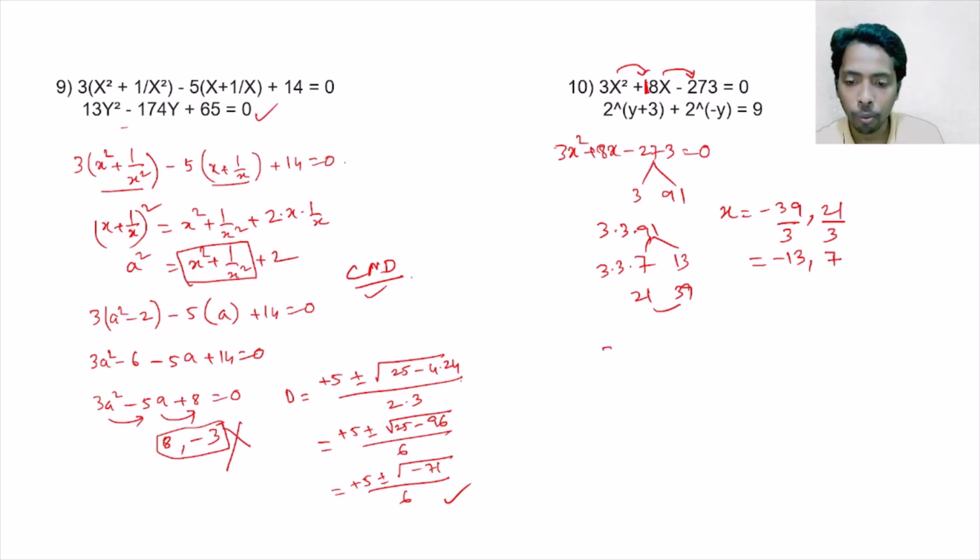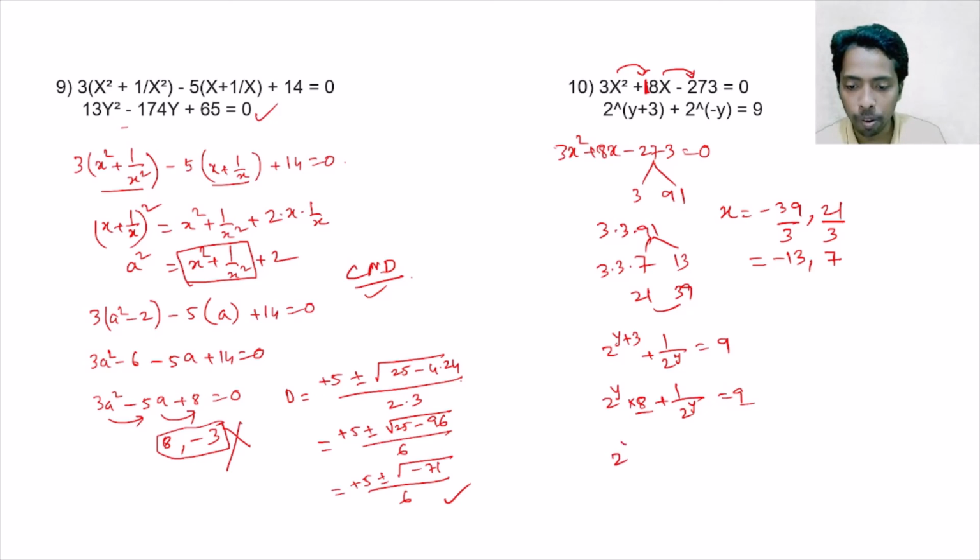Now for y, 2 to the power y plus 3 plus 1 by 2 to the power y equals to 9. So 2 to the power y into 8 plus 1 by 2 to the power y equals to 9. Now 8 is already here, so 9 we have to make it. So now 8 into 1 plus 1, we can get 9. Similarly, we have done similar kinds of questions earlier.